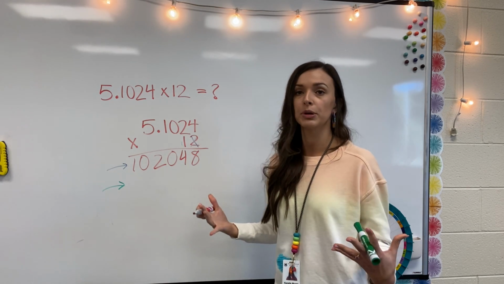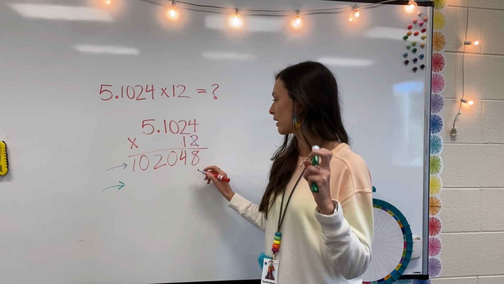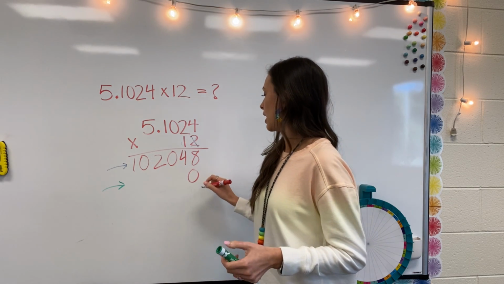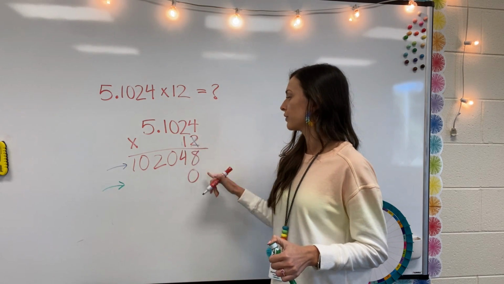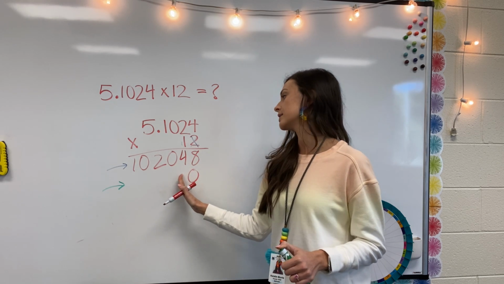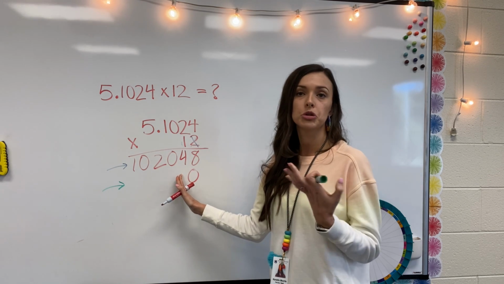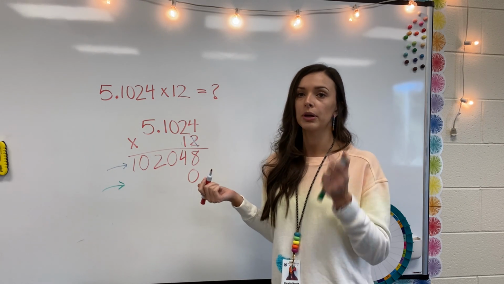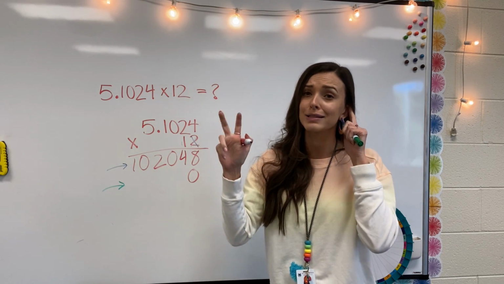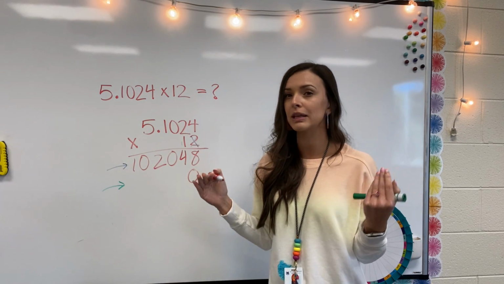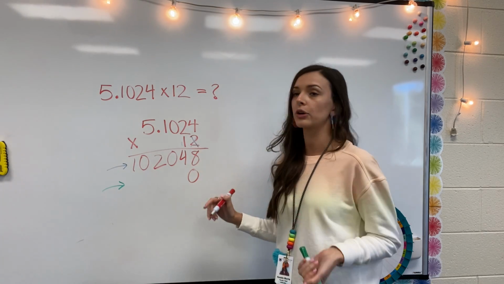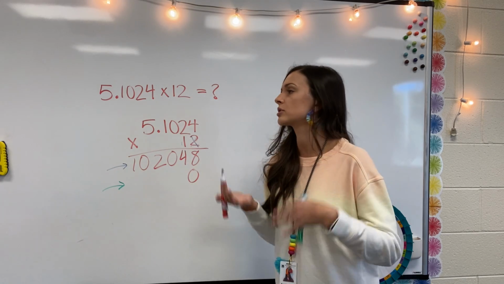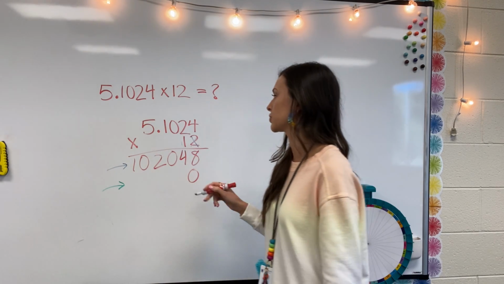If you want to put a 0 or an egg, as somebody called it earlier, you can put that there. Or if you want to just leave it blank and start in this tens space, you can do that, up to you. I personally like to have a placeholder. So I put my 0, I'm not adding a 0, you're not adding anything. I just place my 0 there, there's an imaginary 0 there, so that's gonna help me keep my thinking straight.